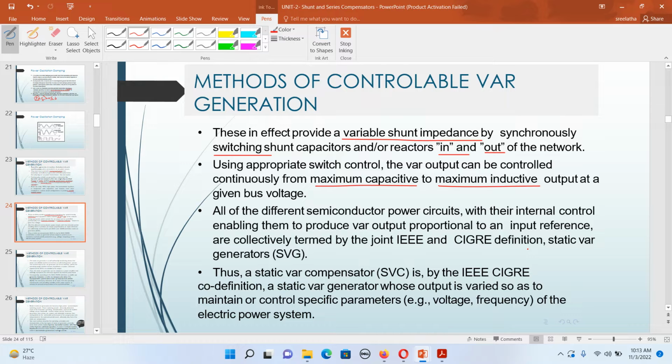It should be at 1 per unit, but because of a very light load condition, the voltage level shoots up to 1.05, which is not within the range of operation, or maybe it's very near to the maximum range of operation, so we have to bring it down to 1 per unit.